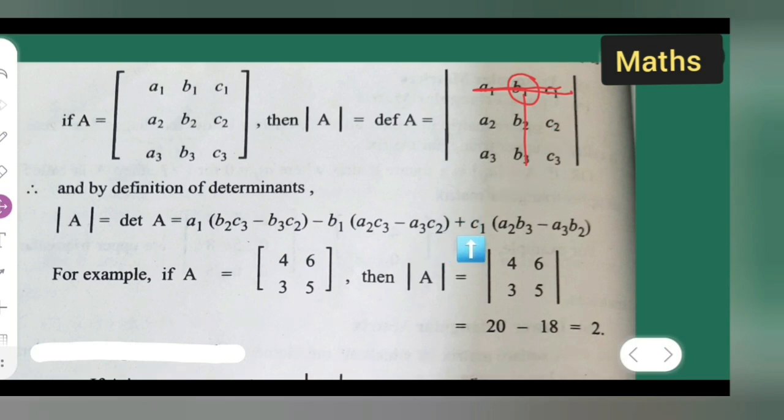Then plus the last one, that is c1. We are not using this row and this column, so we multiply these: a2 b3 minus a3 b2, right over here.